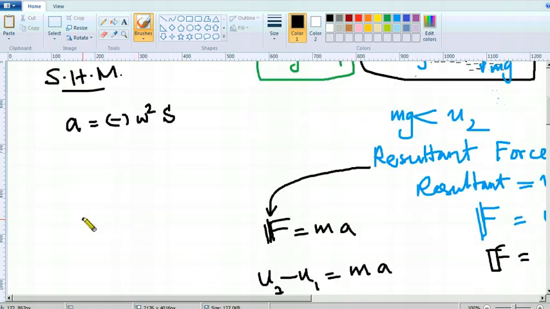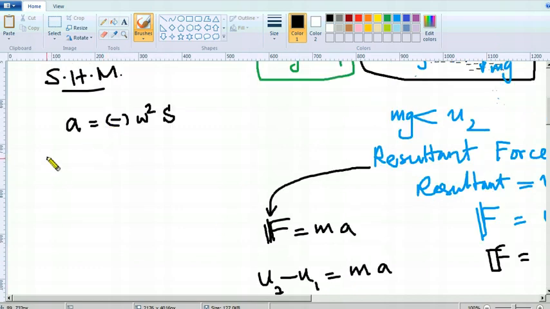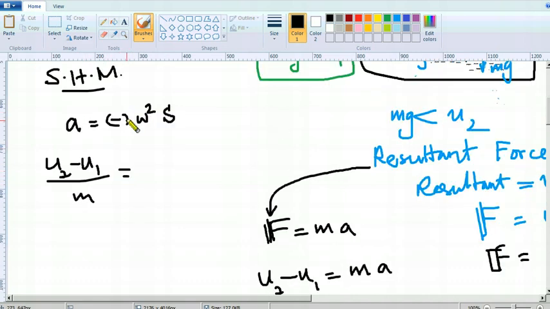So instead of a, we can find a from this equation: u2 minus u1 divided by m. So we substitute it here: u2 minus u1 divided by m. We don't have to write this minus sign. Why is this minus sign there? Because the direction of the acceleration is always opposite to the displacement.